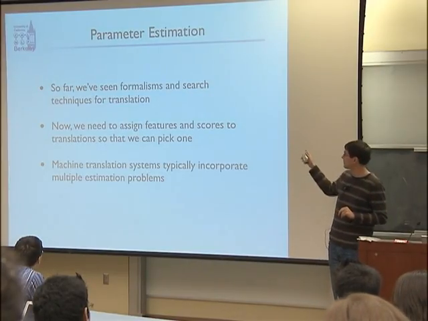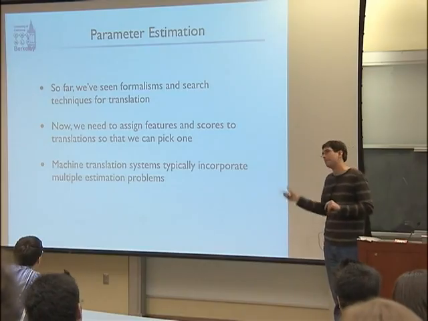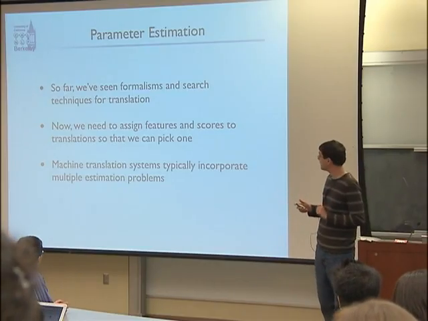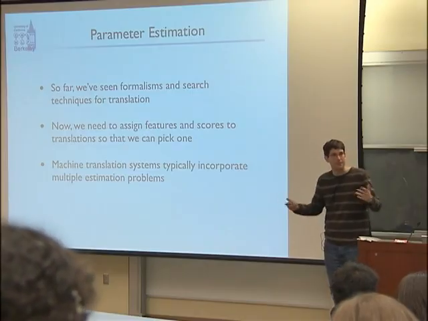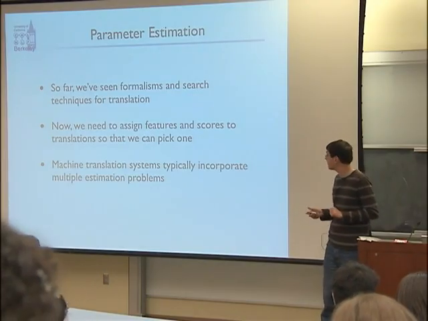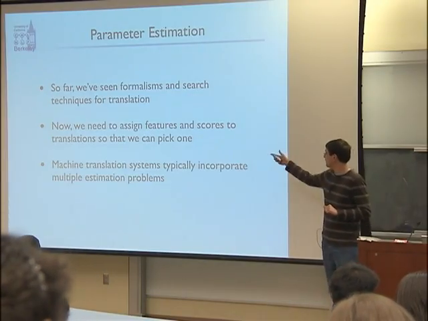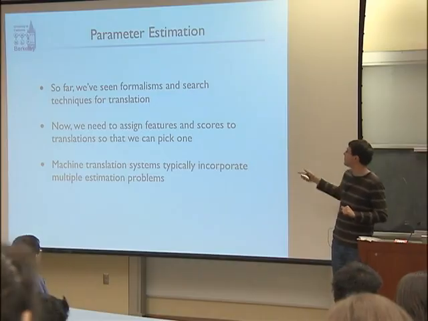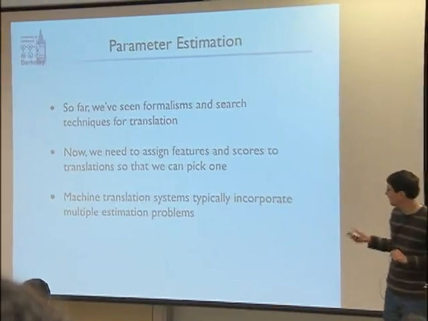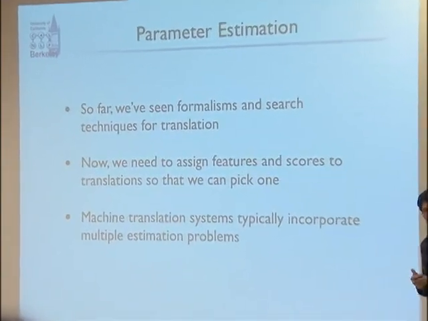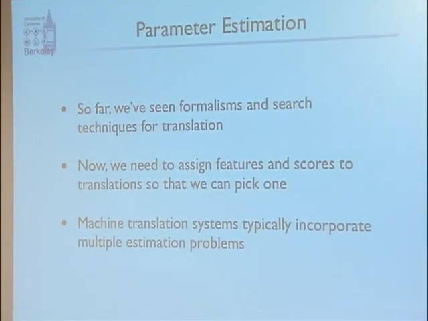So now we're in the business of assigning features to the different pieces of the translations that we're building up, and scoring these translations so that when we do this search, we're actually searching for one that's better than the rest. So choosing features and choosing weights for those features and choosing scores are all types of estimation problems. And machine translation is interesting because in many tasks there's just one model, one estimation problem that you want to solve. But machine translation is built in a big pipeline that has lots of different estimation problems in it.